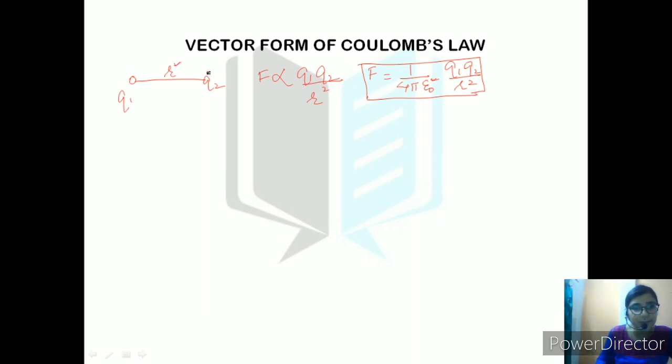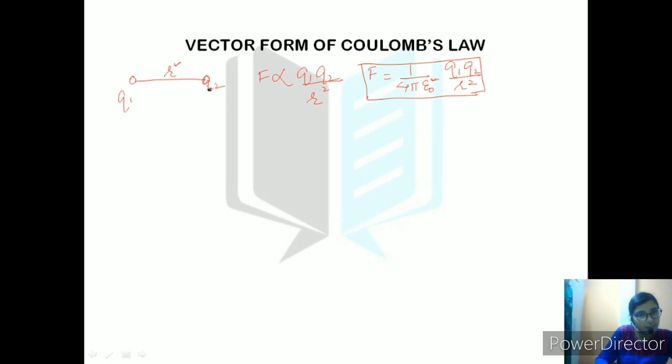To write it in the vector form, what do we need? We need unit vectors, so we have to define unit vectors here. For that, we have to consider the kind of charge, positive or negative, that we have. Suppose these two are positive charges. Clear?